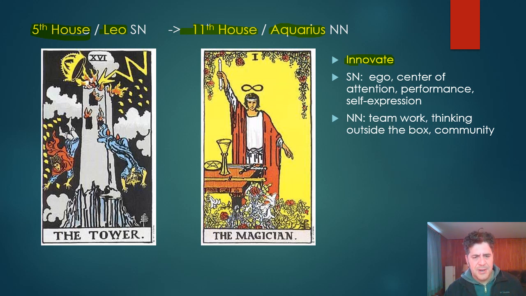I have to learn, number one, to have a sense of humor about myself, but also how to work with others. Leo has to be the center, has to be the most important, has to command everyone's attention. Aquarius can work with others, but still maintain identity and individuality.